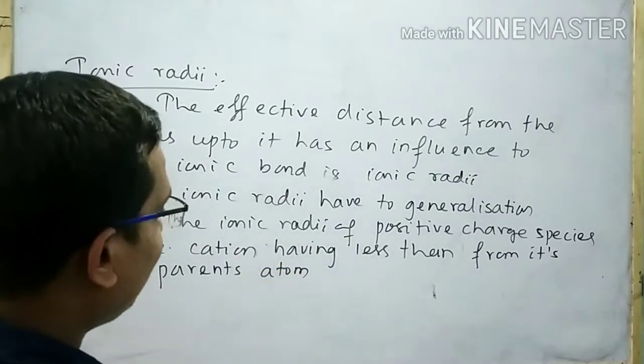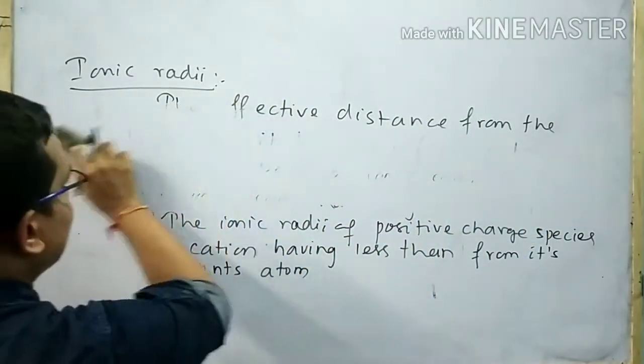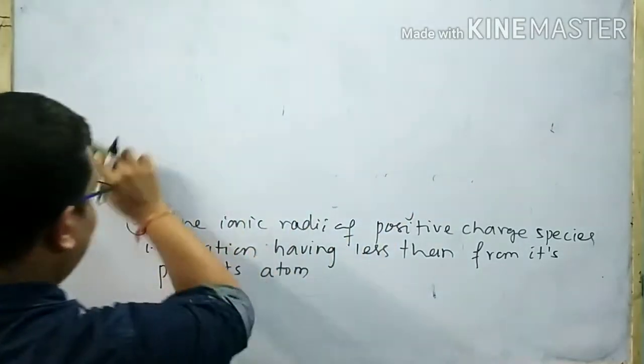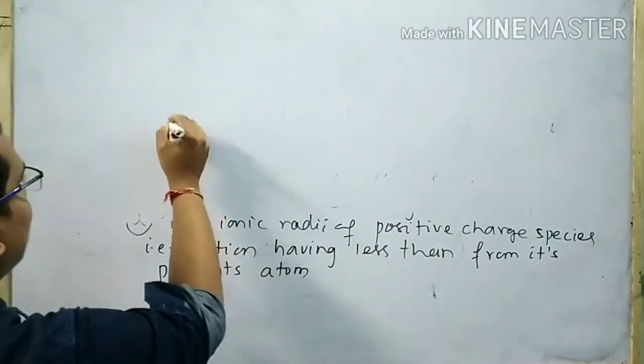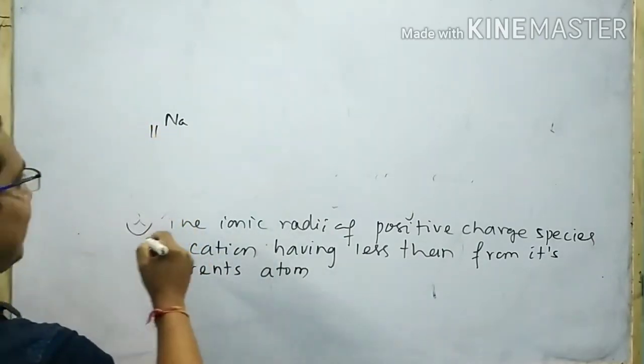How is it possible? Let me explain. Suppose we take a sodium atom and a sodium ion. The atomic number of sodium is 11.